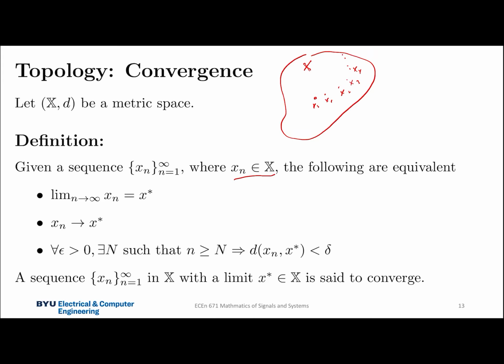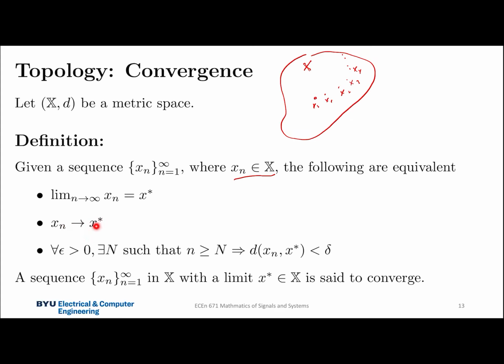Okay, so the following statements are all equivalent. We say that the limit as n goes to infinity of x_n equals some point x star, and we could also write this as an arrow, x_n converges to x star.